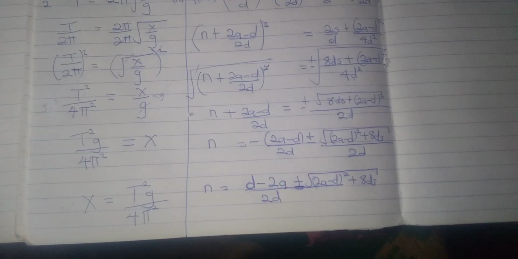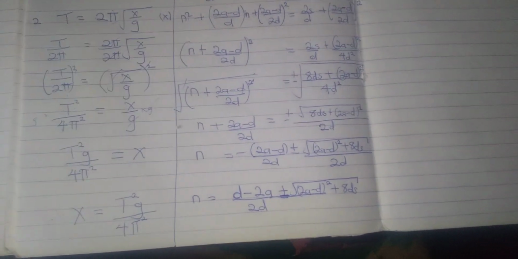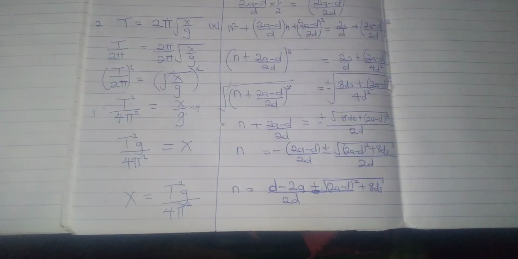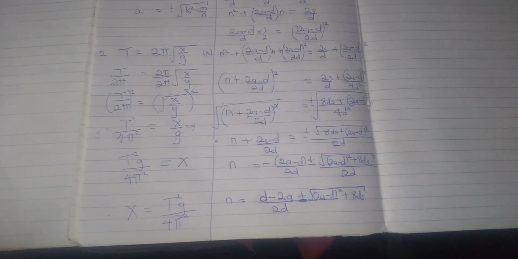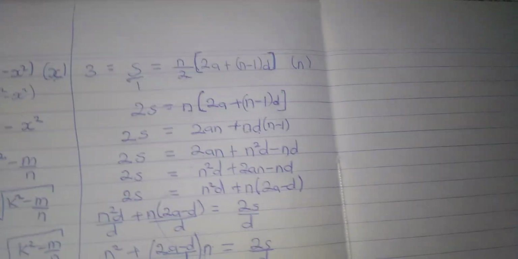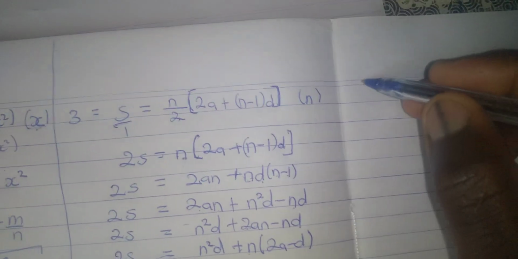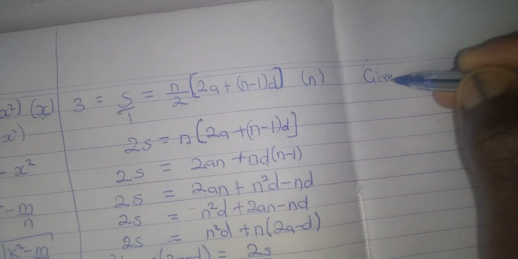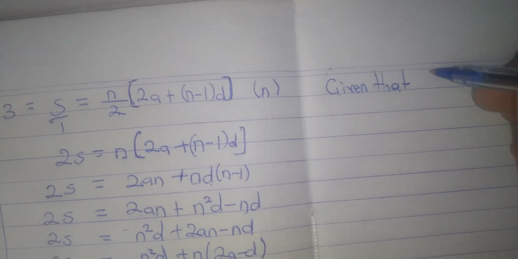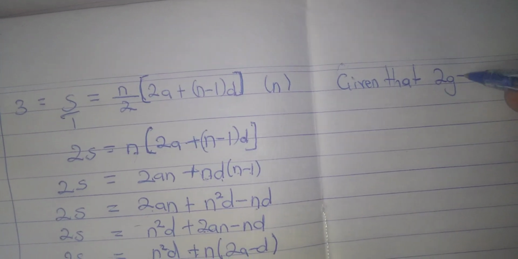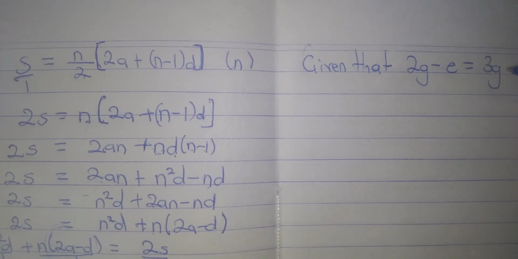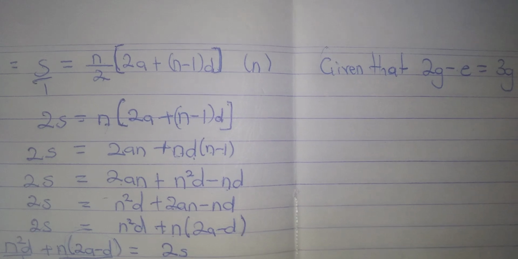So we shall look at also the last example and see how we can still go about it. So this will be our last example. If they don't tell you to make the subject of the formula, they can give us a question that says, given that 2g minus e equals 3g into g minus e.